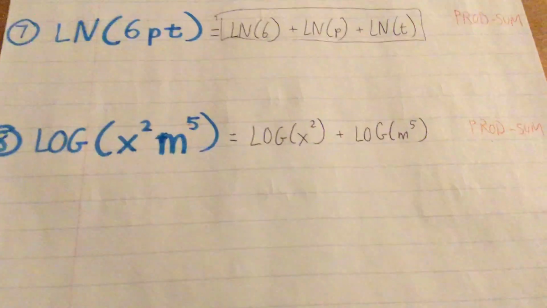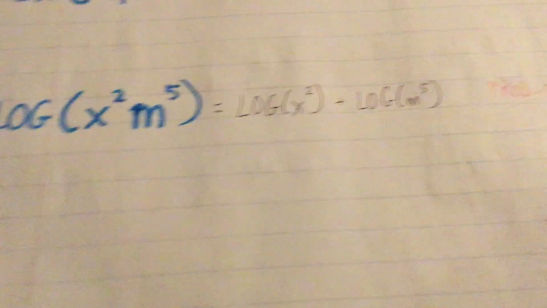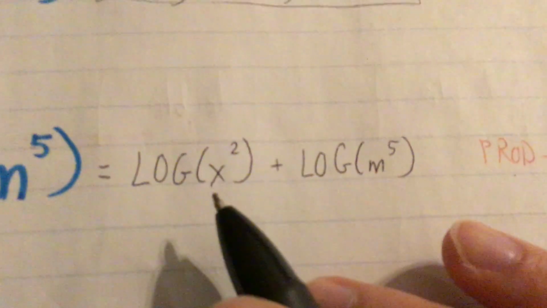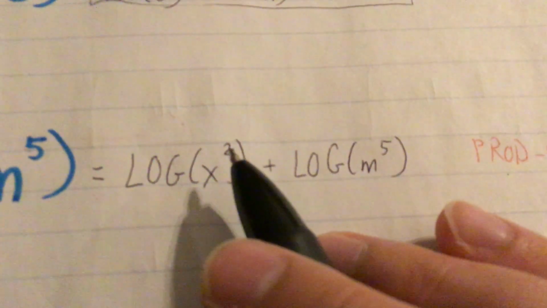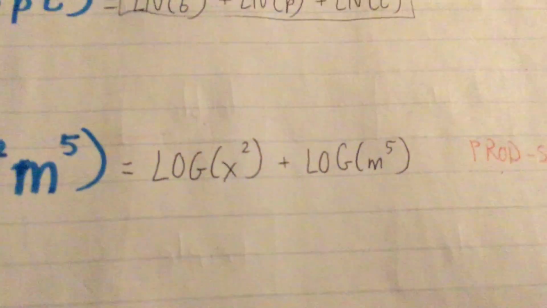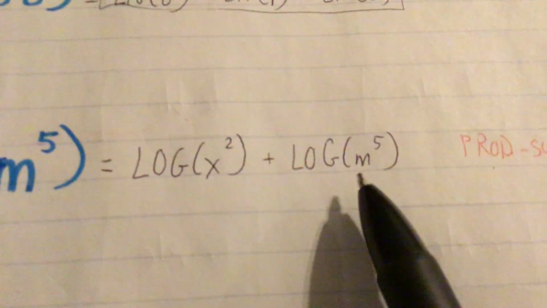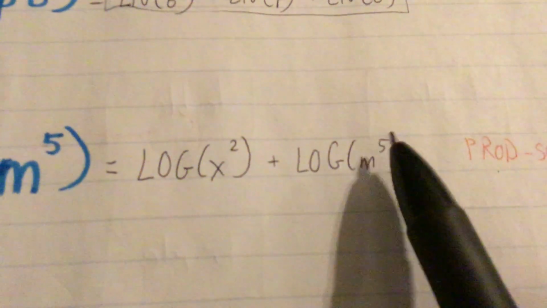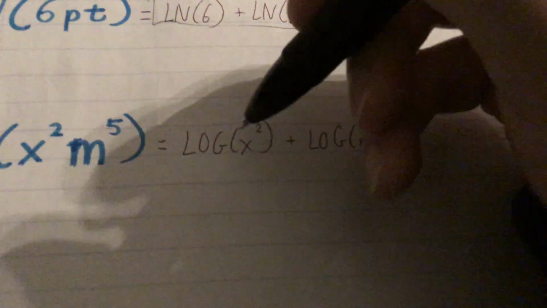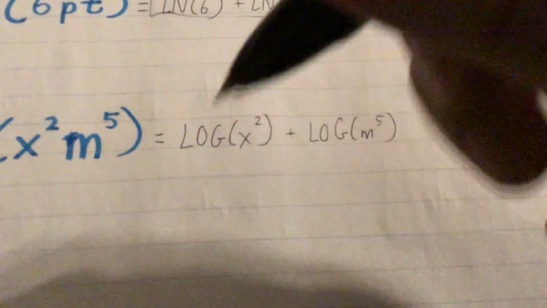Is this fully expanded, though? I'm looking at you, log of x squared. You have log of x, but there's an exponent up on top. So that exponent can be expanded by bringing that to the front. And rightfully so, log of m to the 5th, that is an exponent inside of my logarithm. So both of these can move the exponent out to the front.